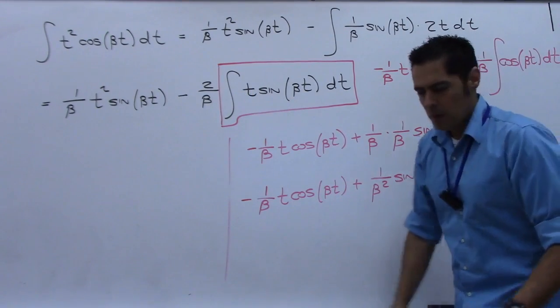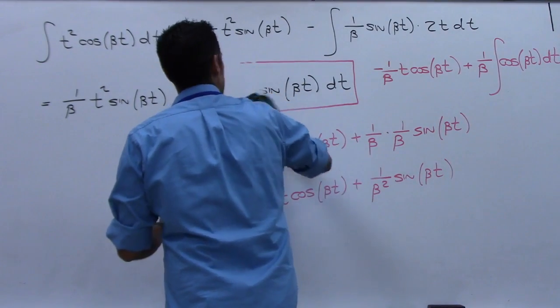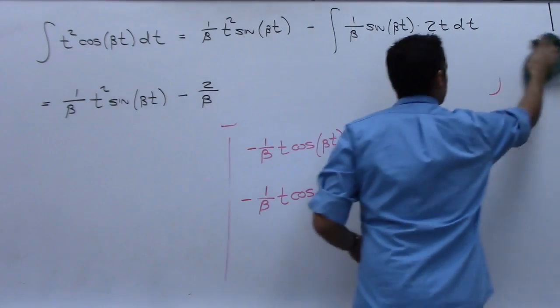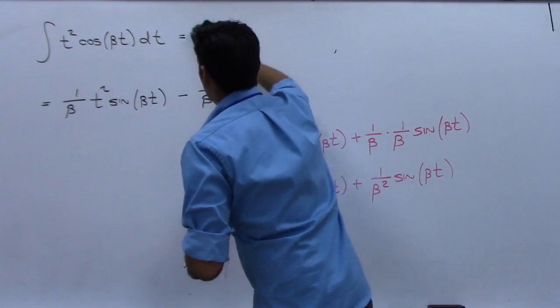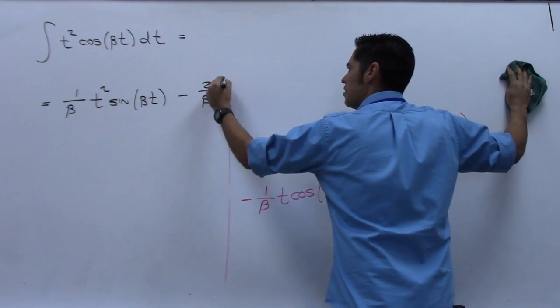So I'll do that. In an effort to save a little bit of time, what I'm going to do is just erase this right there. And I'm going to take this answer and plug it in right here in a set of parentheses.